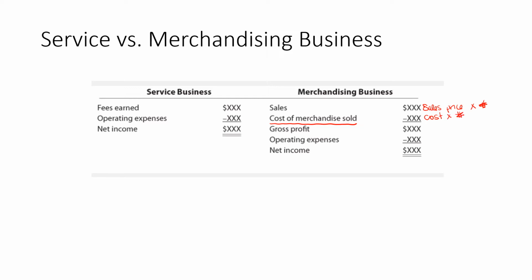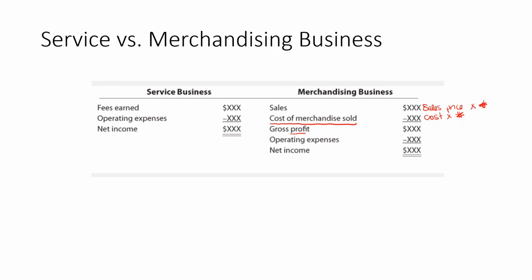And essentially what that will give you is profit. We know that profit is that extra money that you get on top of what you paid for an item. So you pay for an item, then you resell that. The profit will be the extra money that you got on top of what you initially paid for it.